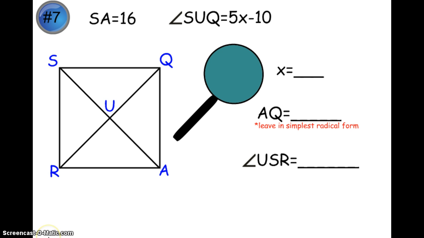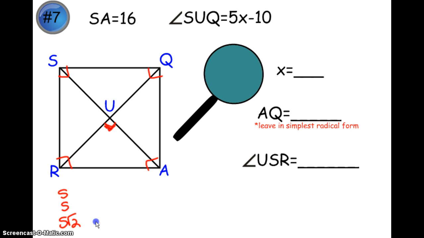Okay, our last problem in this video is a square. Again, I'm telling you that we have a square. That should be a right angle. So with my squares, I have 45, 45, 90s. So I have two congruent sides, and a side times root 2 would get a hypotenuse.